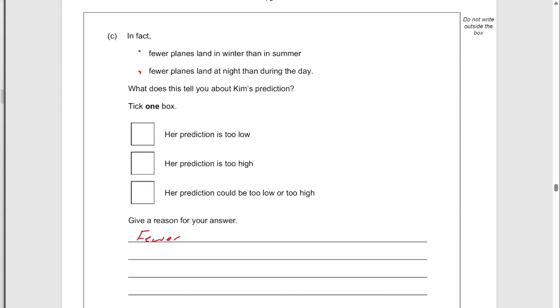So fewer planes in winter means her estimate is an underestimate, because she did it in the winter.